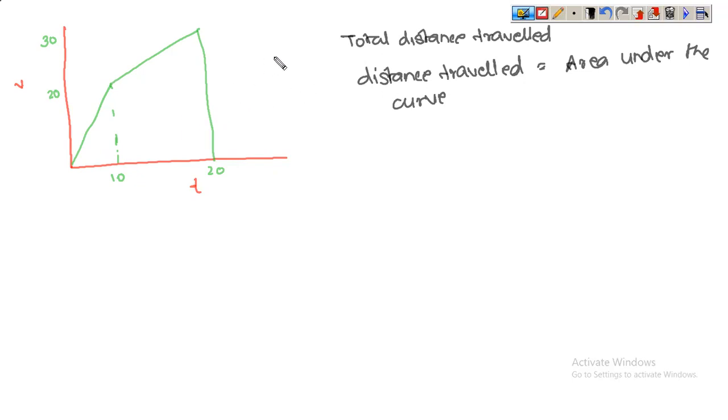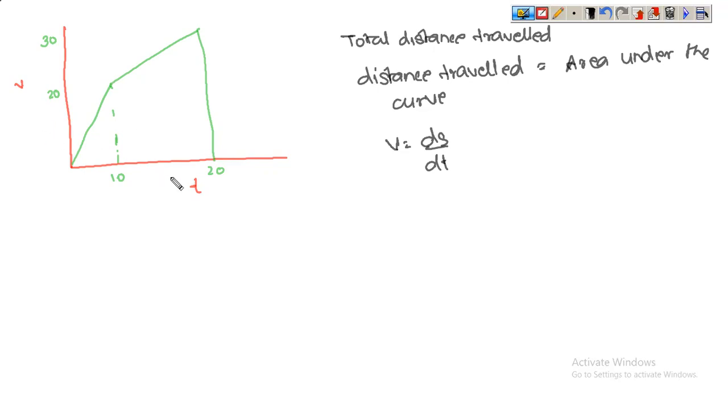Integration gives you one method of determination of area under the curve. So integration of velocity actually gives you the displacement, because velocity is ds by dt. If you integrate both sides, you get the value of distance traveled. So to calculate the distance traveled, a velocity time graph will be given.